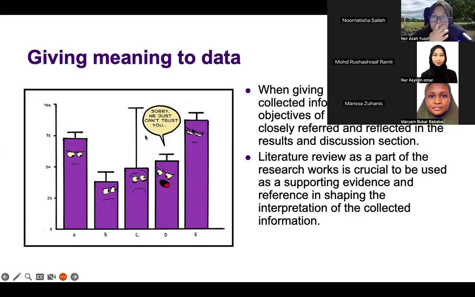I'm not going to discuss the error bar yet, but from here you can see that we just can't trust this one. Why? Because the error bar is too high. There are certain standards that can be accepted, a certain value of error bar, a certain range of standard deviation that is generally accepted.